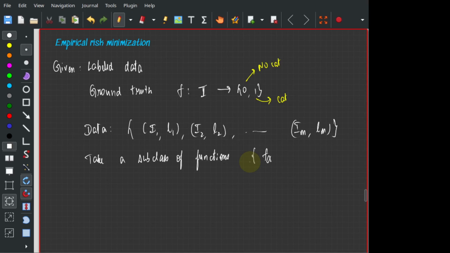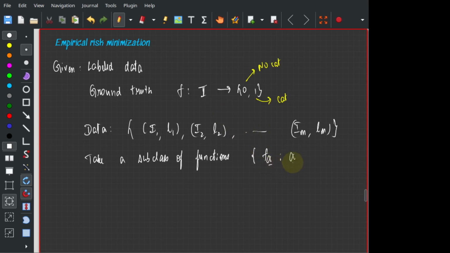For example, a linear function can be represented in terms of a matrix, so the entries of the matrix are the parameters that we can vary. If you take a polynomial, then the coefficients of the polynomial are parameters that we can tweak. If you take a neural network, then the weights of the neural network are parameters that we can tweak. So these are going to be our optimization variables finally.